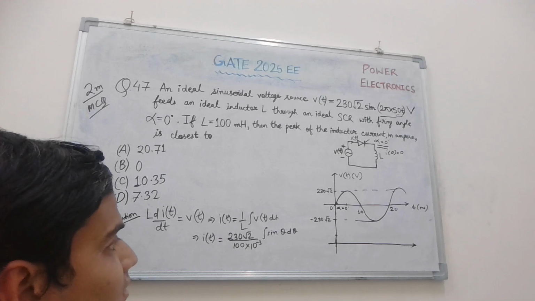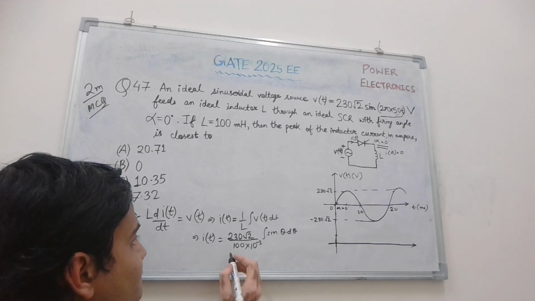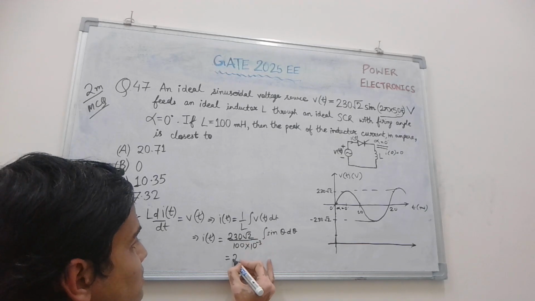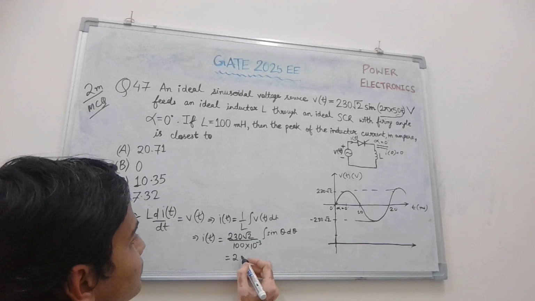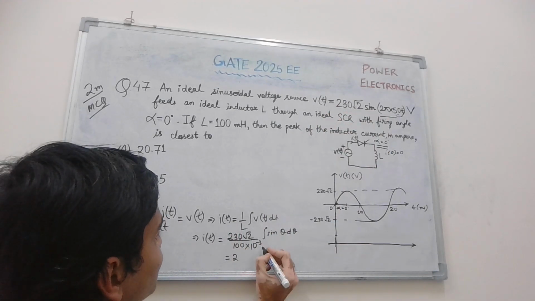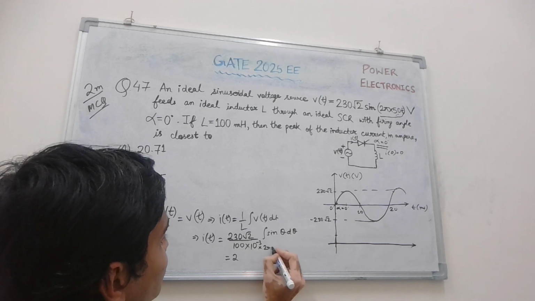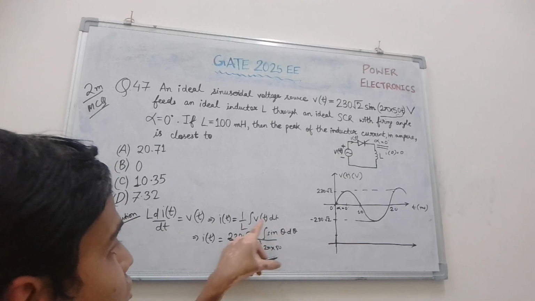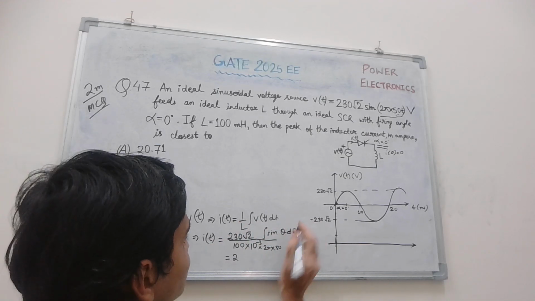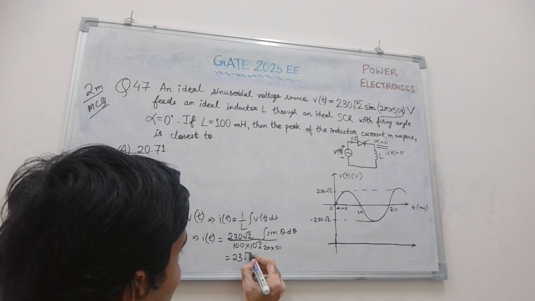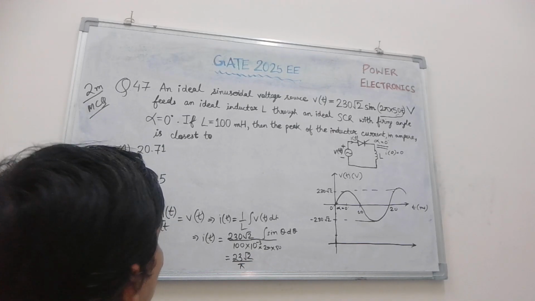When we replace with theta, the denominator will have omega L, so an omega term comes here: 2 pi into 50, because we have replaced omega t by theta. So it will be 230 root 2 by pi.